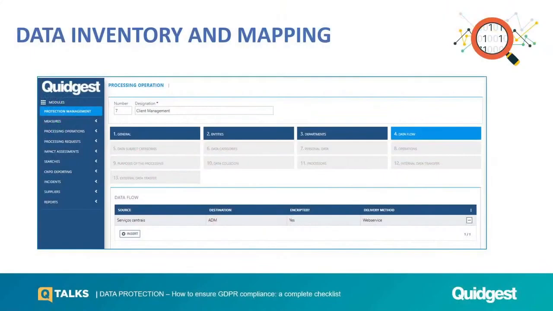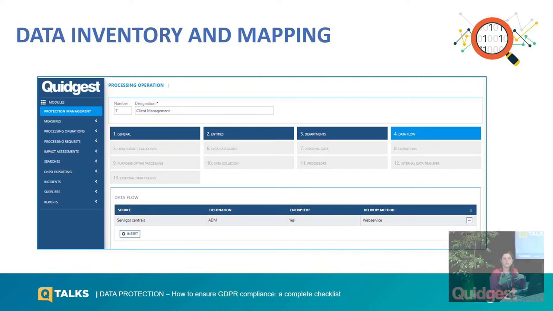So what we started to build on the system, of course, is the data inventory. As I told you, there's a lot of information that you need to collect about your processing activities. And so what we did here is to build the wizard, because some of our clients aren't very clear about the information that they need to collect about their processing operations.